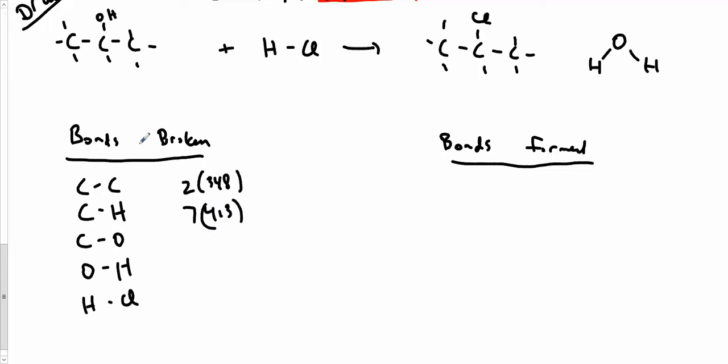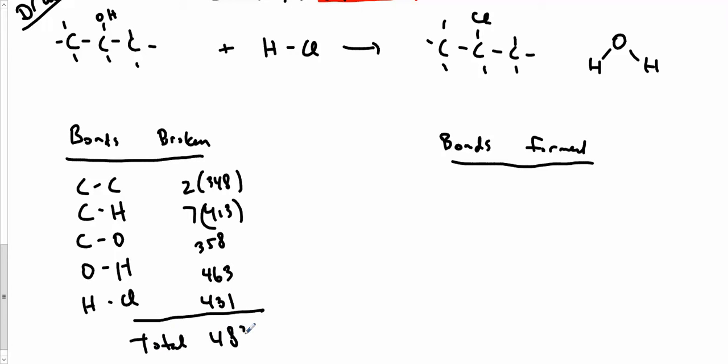CO, there's 1, and that value is 358. OH, there's 1, and that value is 463, and the HCl is 431. And I get a total here of 4839 kilojoules.